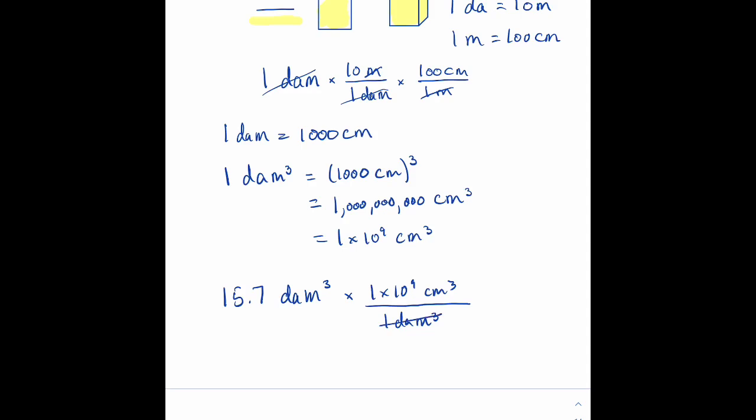I'm going to cross out cubic decameters and be left with 15.7 times 10 to the 9th cubic centimeters, or, to be in proper scientific notation, 1.57 times 10 to the 10th cubic centimeters.